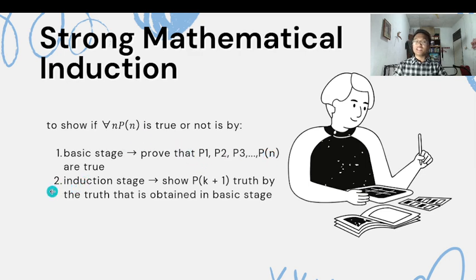The second stage is the induction stage, to show that P(k+1) is true by the truth obtained in the basis stage. So it is basically the continuation of the basis stage, the same as ordinary mathematical induction.